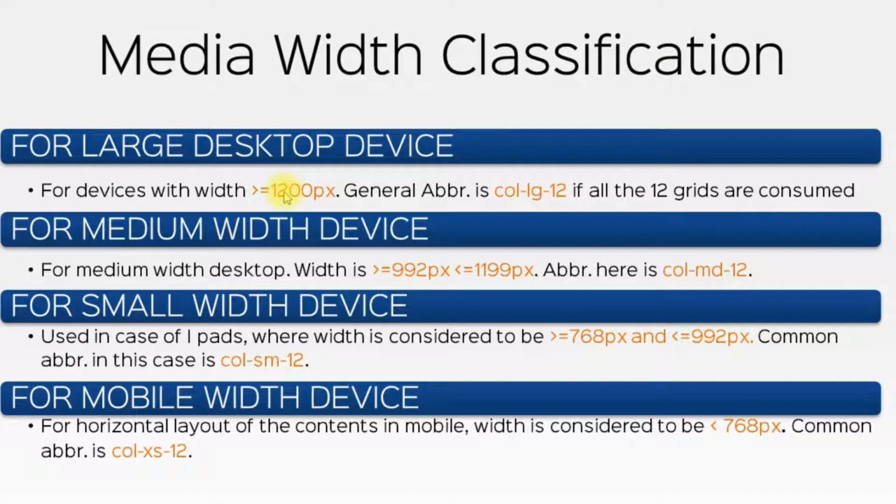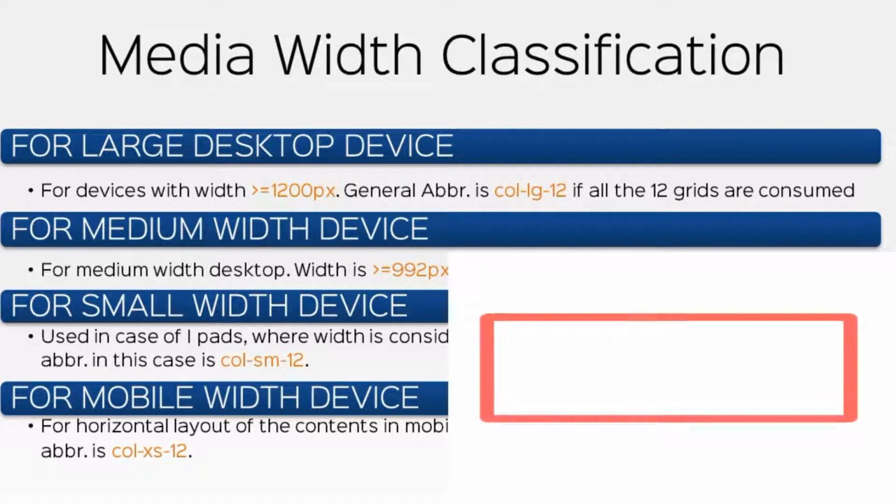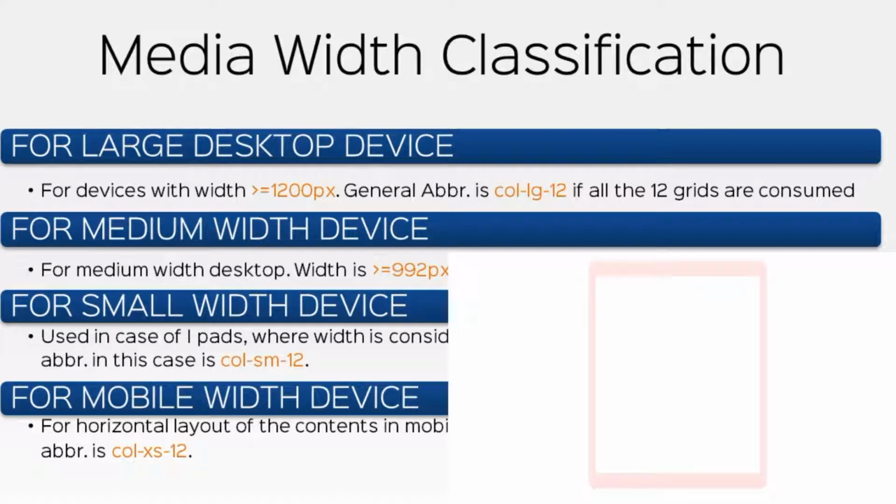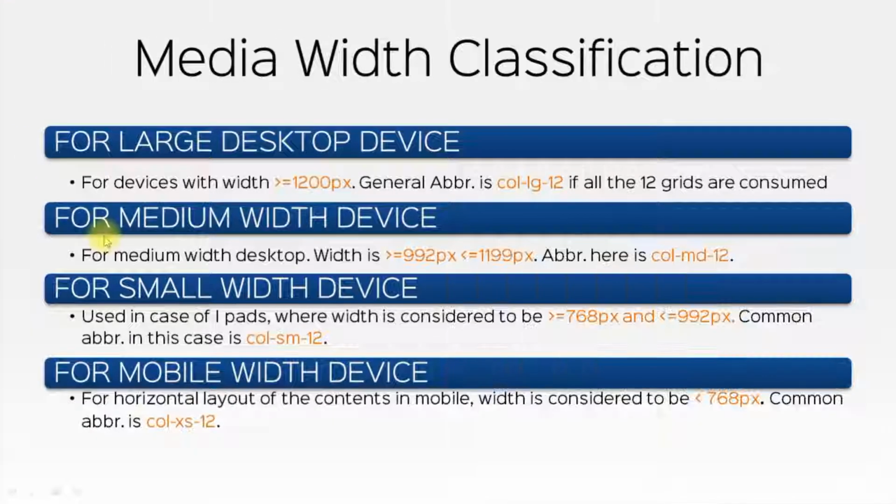That means up to this 1200 pixels, your contents will be coming horizontally, and lesser than 1200 pixels, they will be getting down vertically. For medium width devices, the desktop width should be greater than 992 pixels horizontally, but lesser than 1199 pixels horizontally. And in this case, the class used for the contents is col-md-12.